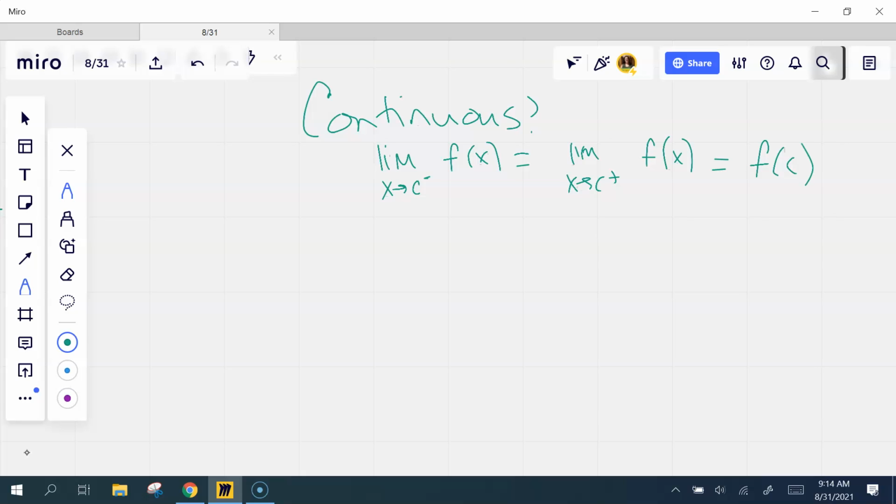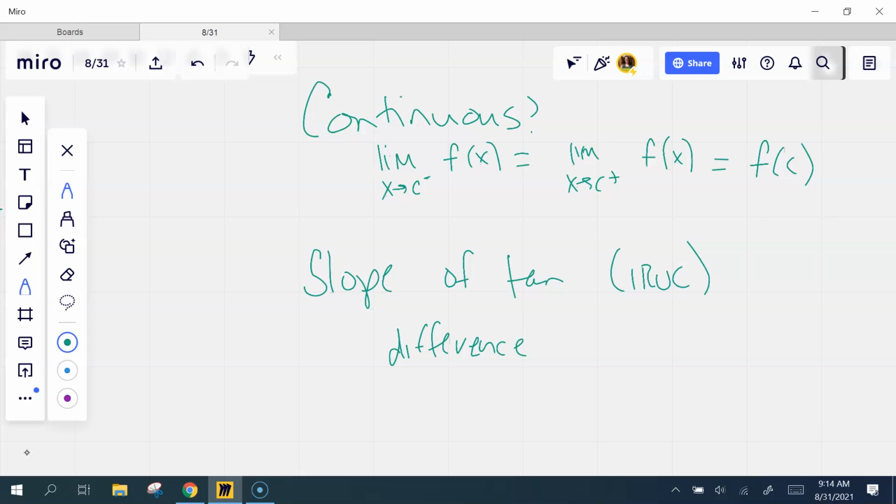What we were doing was slope of tan, which is IROC, right? This is the difference quotient, from the left and right.